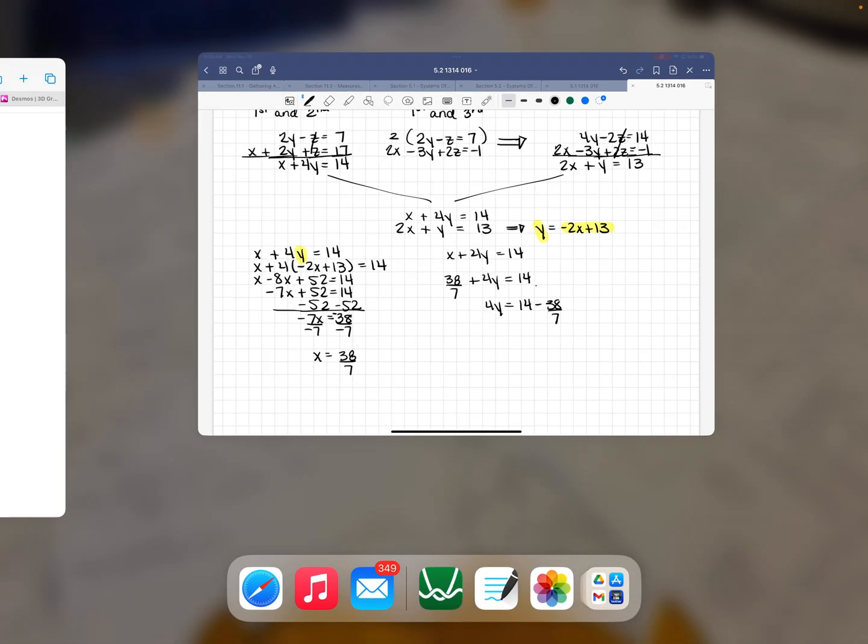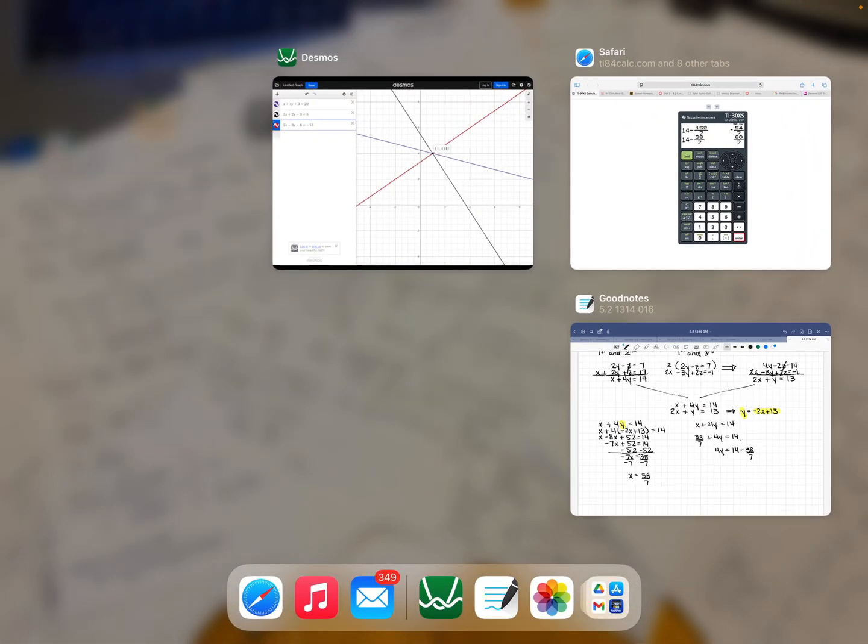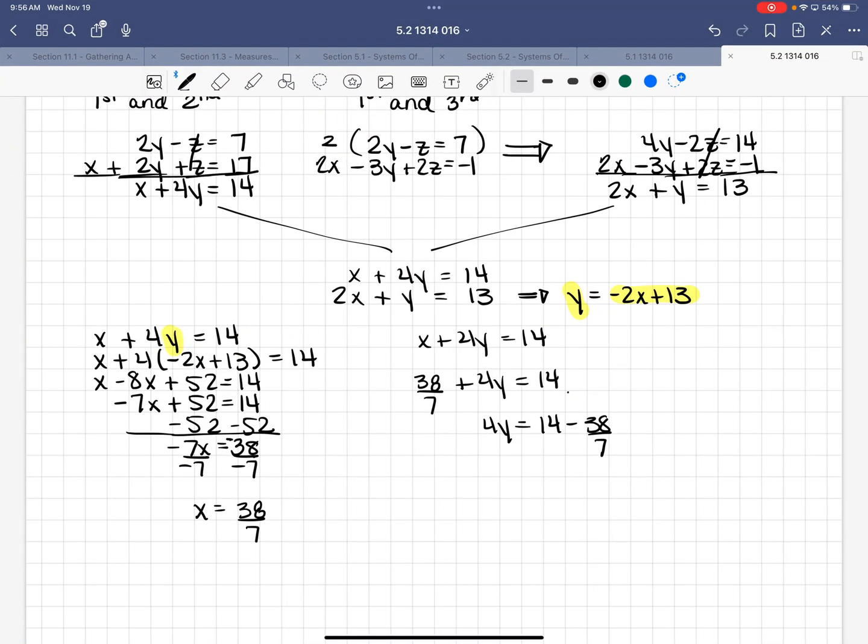That's 60 over 7. That's not much better. 4y equals 60 over 7.